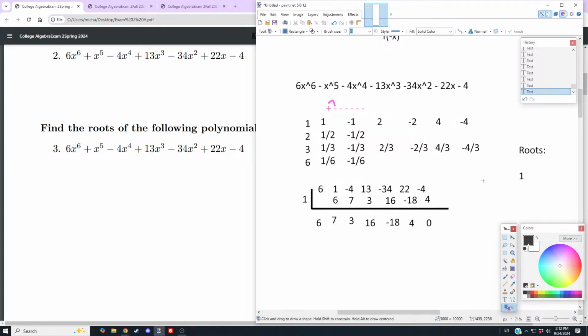Now this list of numbers here is the factored polynomial. These were the coefficients of the original polynomial. These are the coefficients of the polynomial we get after factoring out this root.